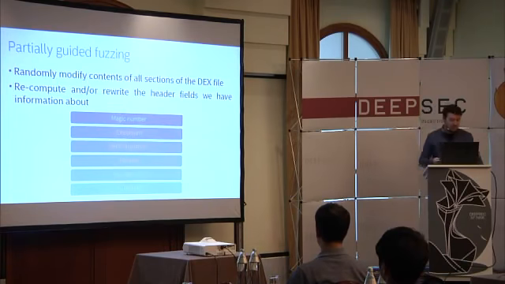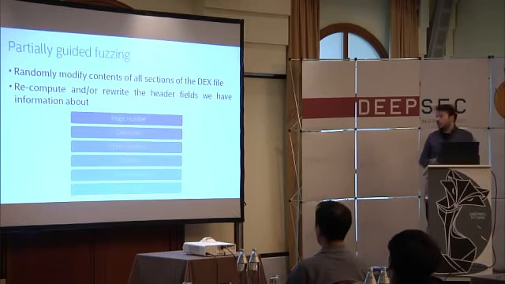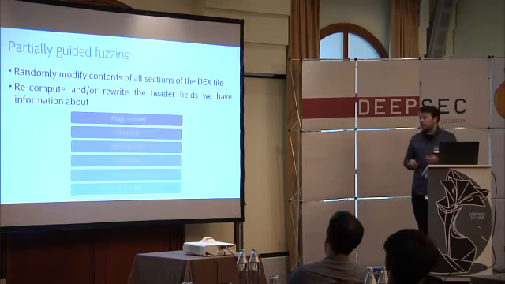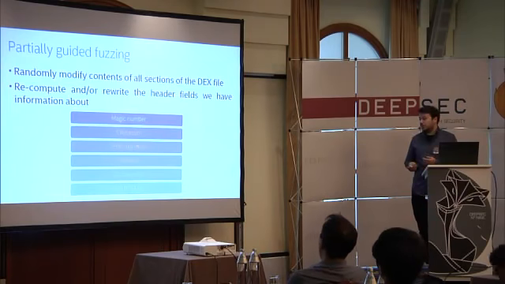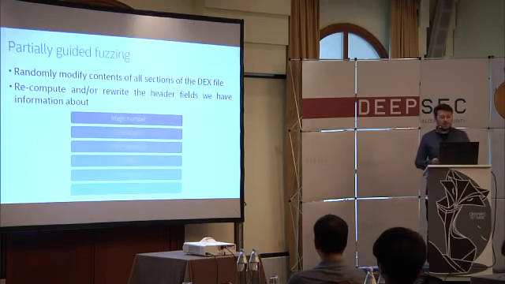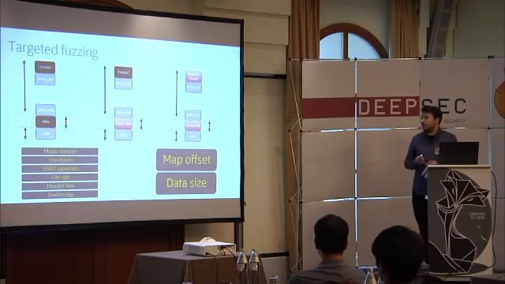So if by accident we had modified those values, we would come back and rewrite them. We could also recompute the checksum, the SHA-1 signature and the file size, because after different modifications these values would be different and invalid. So this was the first approach.